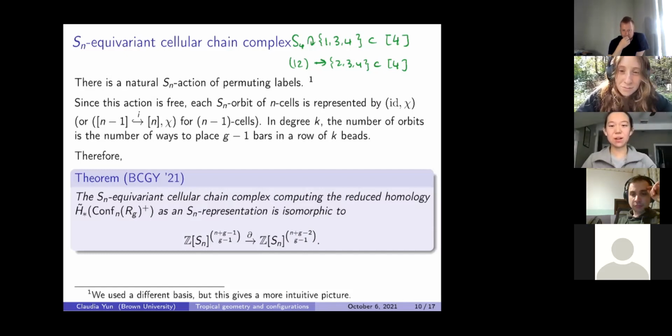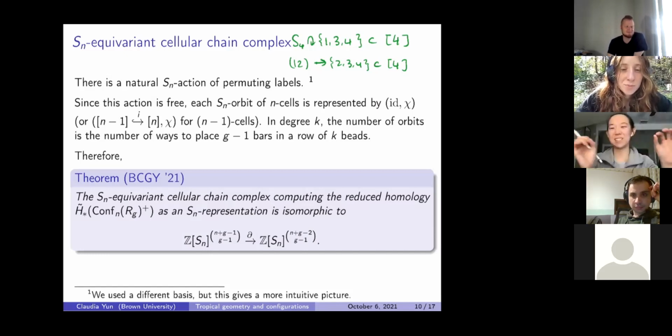So now, if we're counting Sn orbits of these cells, this is a combinatorics question for our combinatorialists. In degree k, where k could be n or n-1, the number of non-decreasing step functions is the number of ways to place g-1 bars in a row of k identical beads.